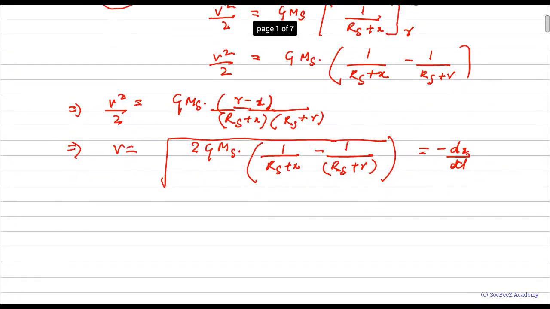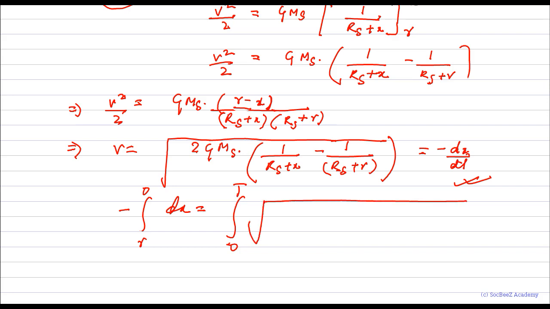So on solving this equation, I'll write from minus small r to 0 dx equals from 0 to t, where t is the time interval for which this particle travels in midair, 1 by (Rs plus x) minus 1 by (Rs plus r).